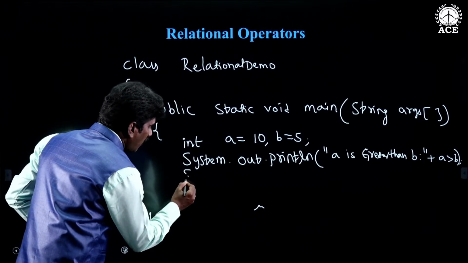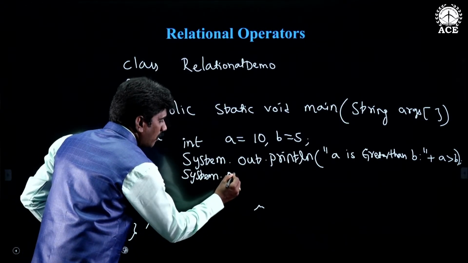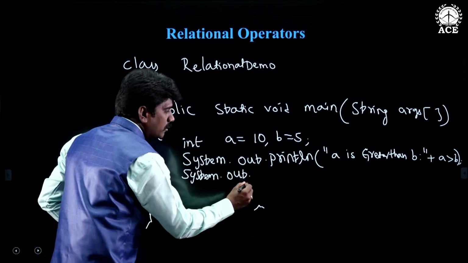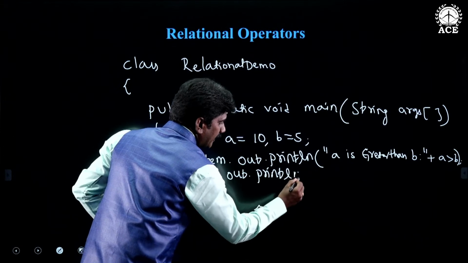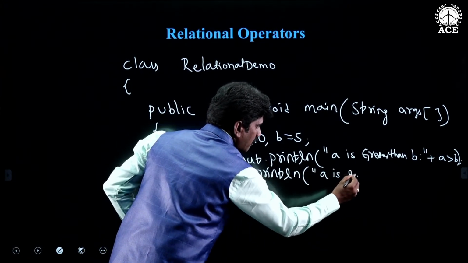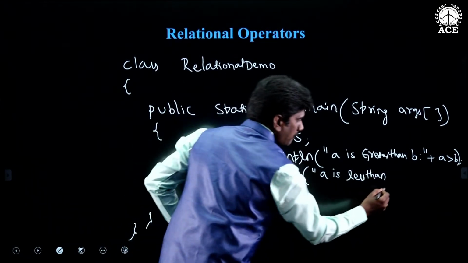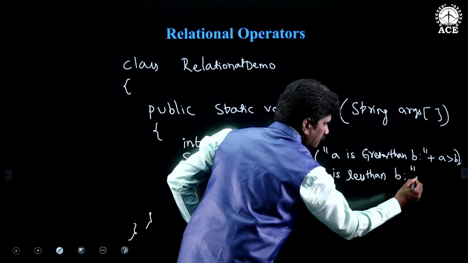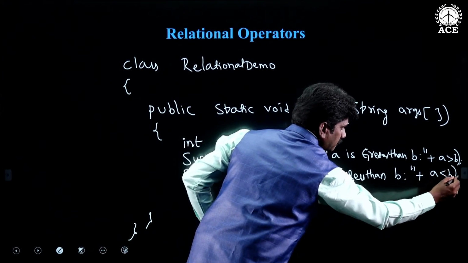In the same way, I would like to take the remaining also. How can we take? System.out.println "a is less than b" plus a less than b.